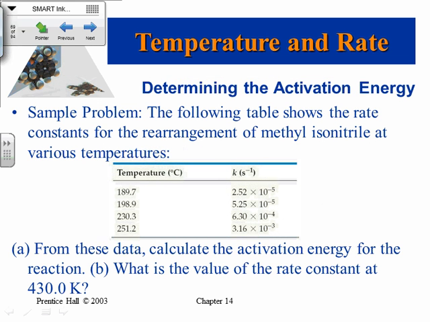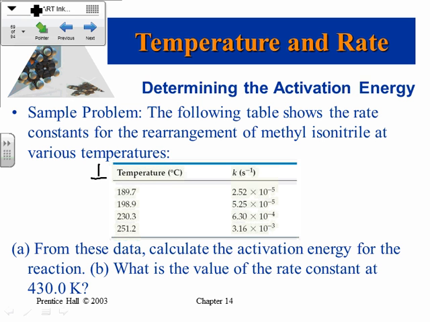The following table shows the rate constants for the rearrangement of methyl isonitrile at various temperatures. So they're giving you the temperature and the rate constant. Now, they're not going to make you do this. They would give you the graph. But let's say that you have this data, and this could be useful for the lab that we're going to do. If you know the temperature and you figure out the rate constant, then you can graph these.